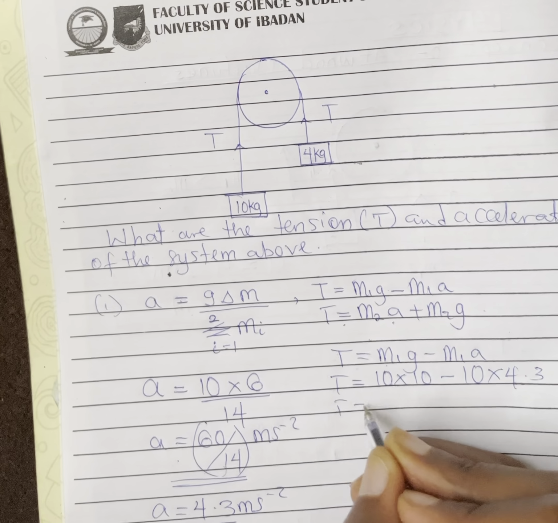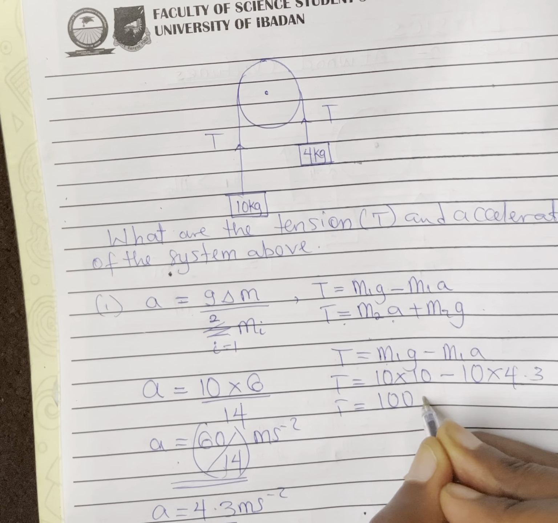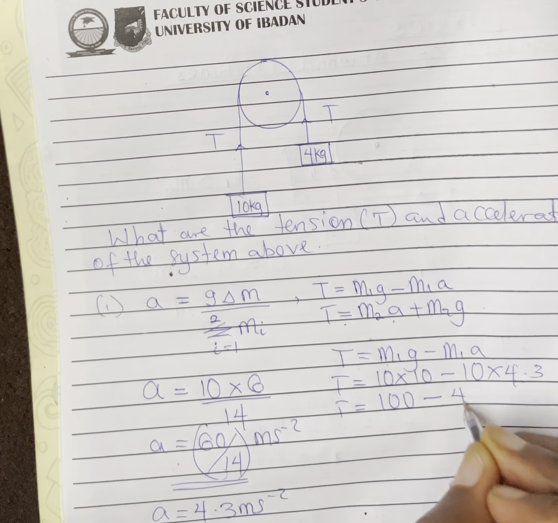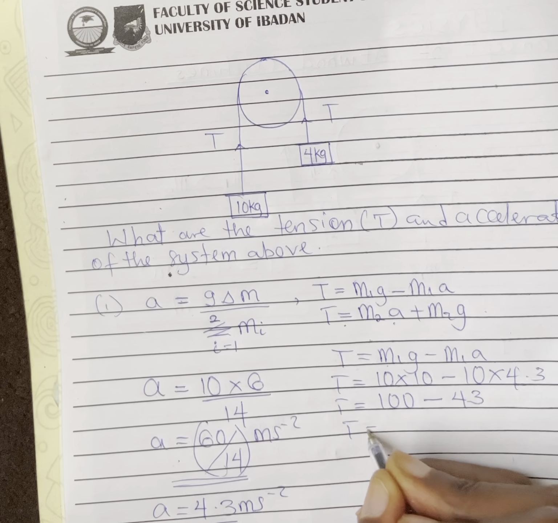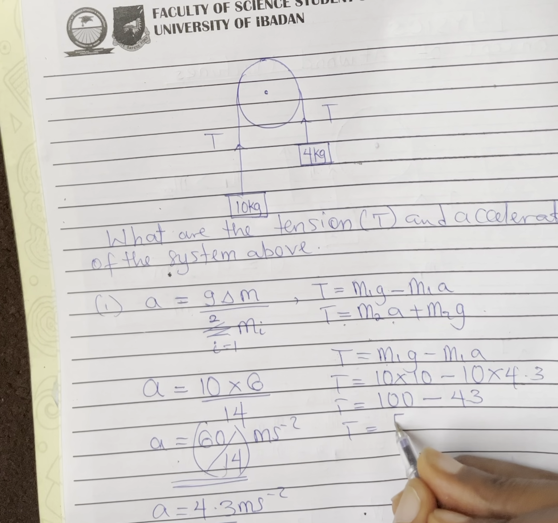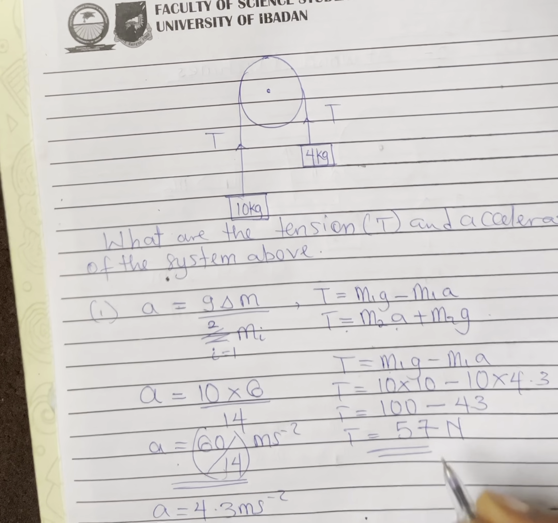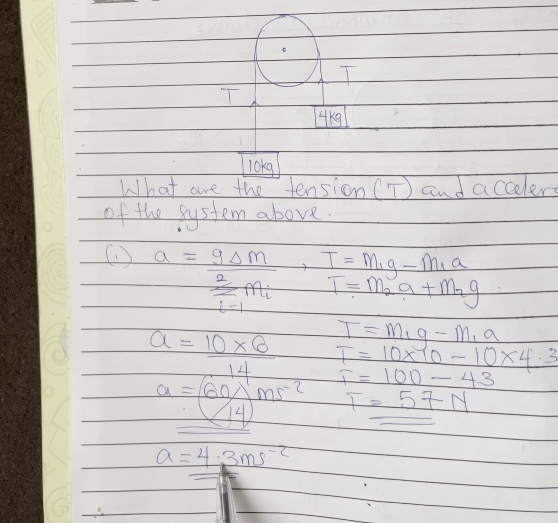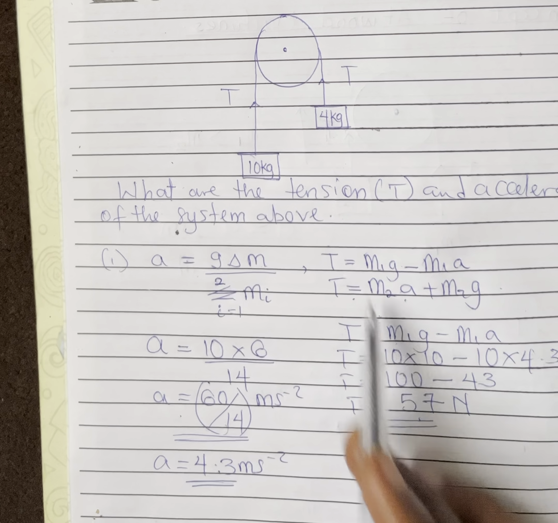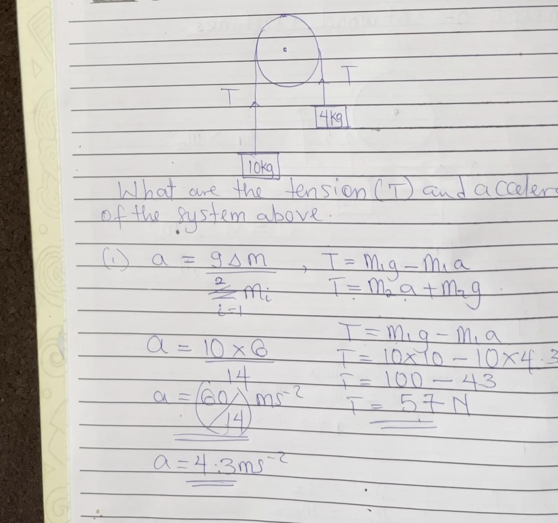So I have T equals 100 minus 43. And if I subtract that, I'm going to have my answer to be 57 Newtons. So this is the common acceleration and the common tension in this Atwood system.